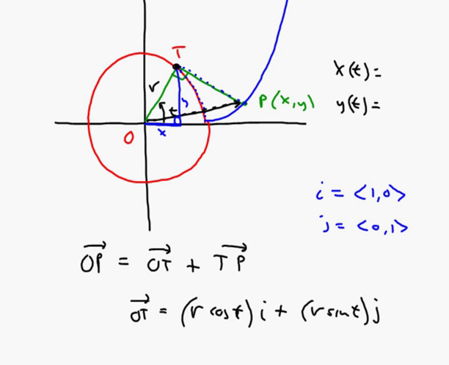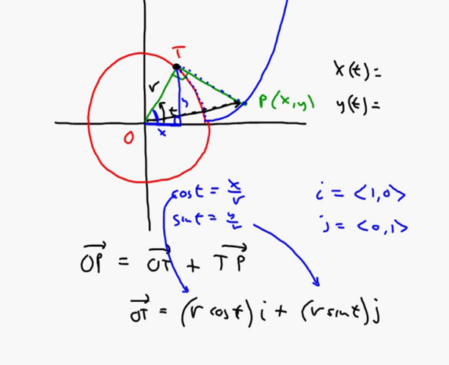Okay, so t is the angle that's right in here, and then you just have some right triangle trigonometry. For example, cosine of t would be x over r, and there you get r cosine t. And the same reasoning, sine of t equals y over r. And then that yields this one, just like this yields that one.